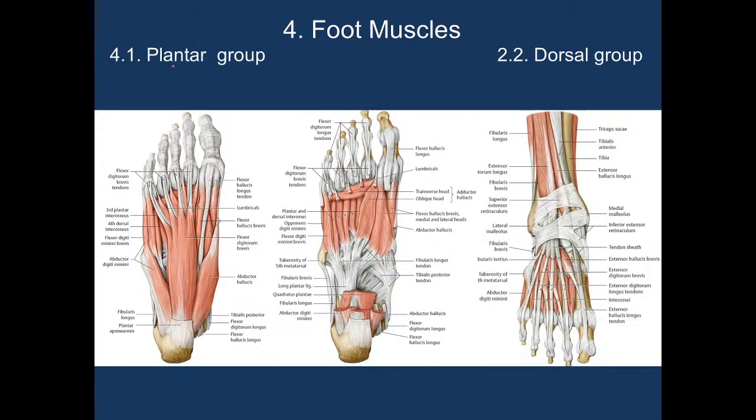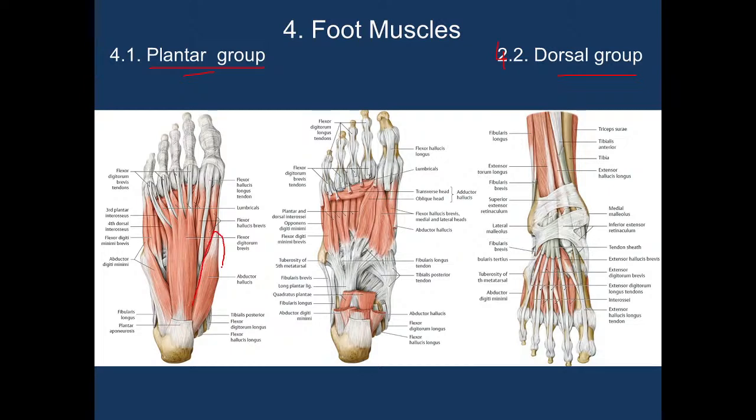Foot muscles. In comparison with the hand, we find, this is number 4. We have two groups, plantar group and dorsal group. There is no dorsal group in our hand, but at the foot we could find two dorsal muscles here. The same idea is in the construction of the plantar group of muscles.